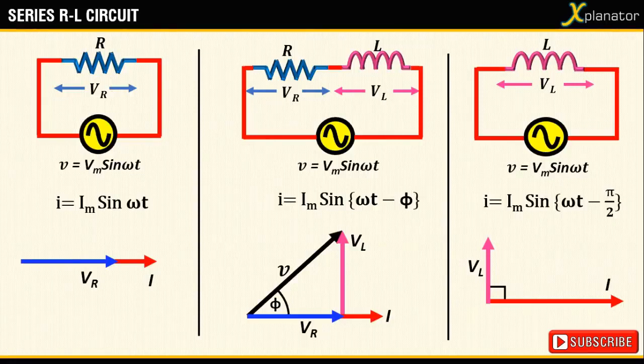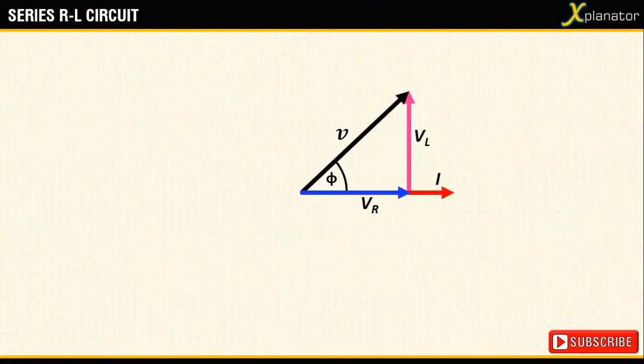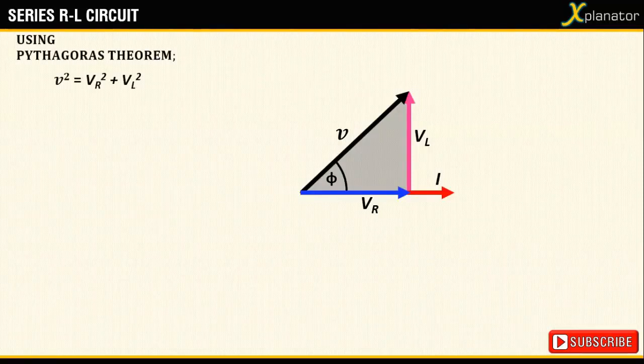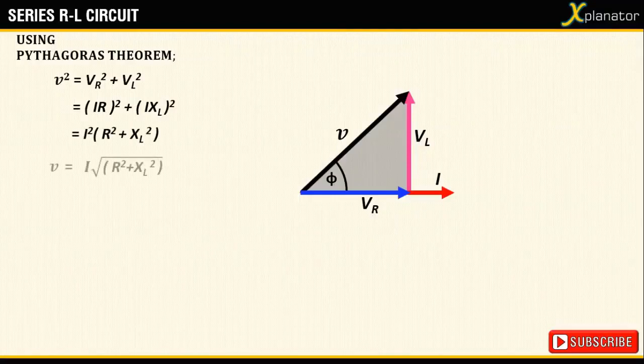To find the magnitude of this current, consider the right-angled triangle and the relation V square equal to VR square plus VL square. Substitute V as IR from Ohm's law and simplify to get the equation for current I. The current can be written as V divided by root over of R square plus XL square.